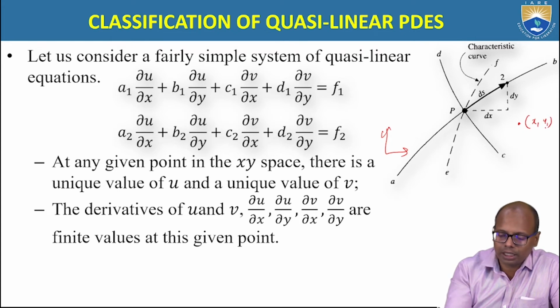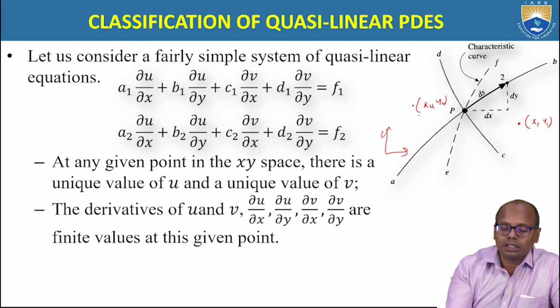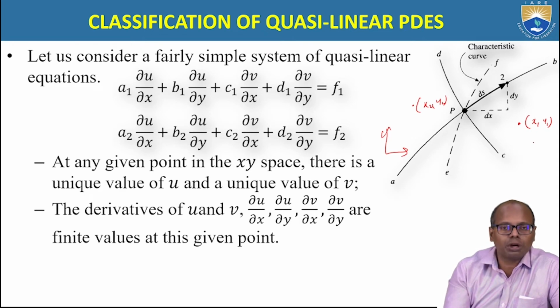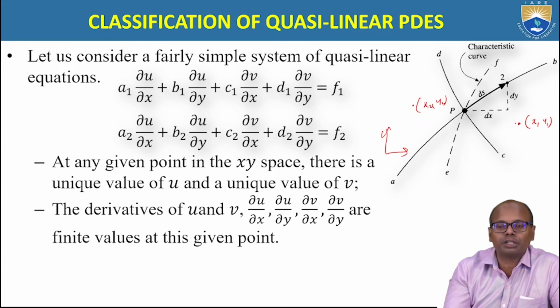If I take a point at this particular place, then it is x2, y2. These x1, y1 values are unique to that particular point. Similarly, the values of u and v are also unique for that particular point.